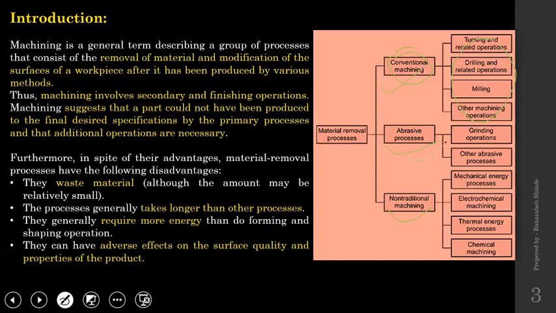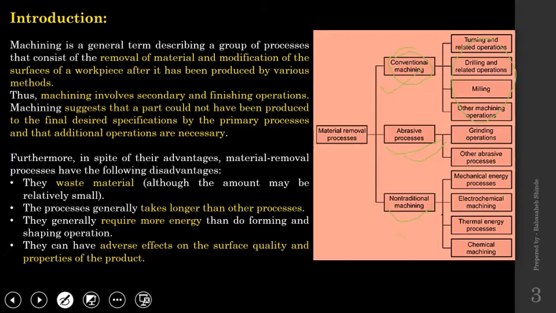In abrasive machining, the abrasives are used to remove the material from the work surface. There is also going to be mechanical chipping where the abrasives remove material in the form of small chips. And third one is non-conventional, where the basic requirements of conventional, that is the direct contact between cutting tool and workpiece, and the cutting tool being harder than the workpiece material, can be neglected.